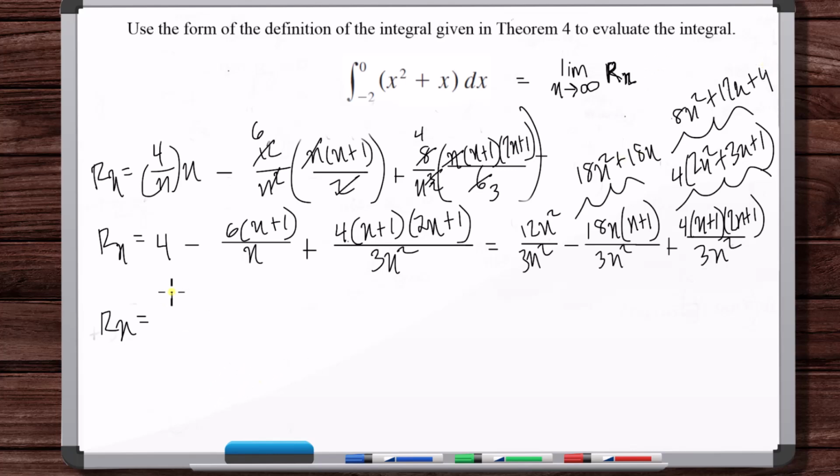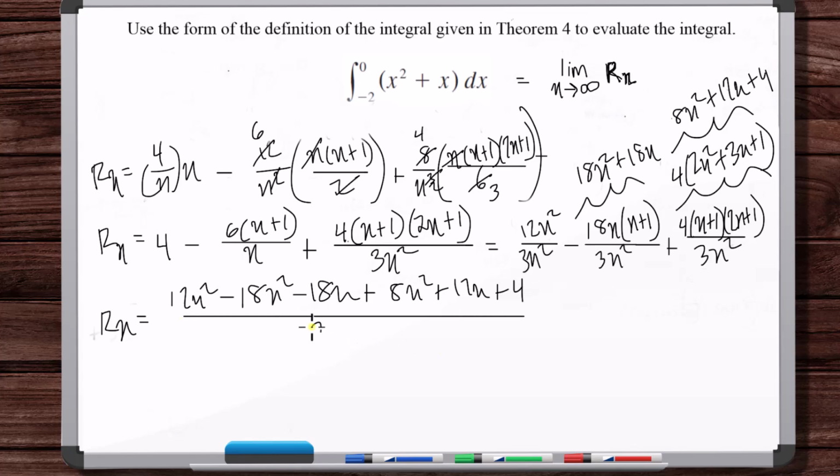So we've got 12n squared minus 18n squared minus 18n plus 8n squared plus 12n plus 4, all over 3n squared. Okay, 12n squared minus 18n squared is minus 6n squared, plus 8n squared is 2n squared, minus 18n plus 12n is minus 6n, and then plus 4, all over 3n squared.